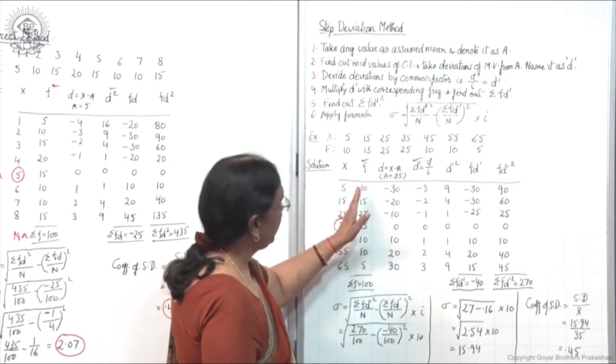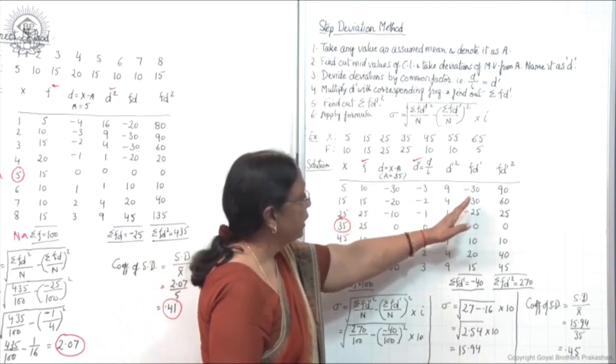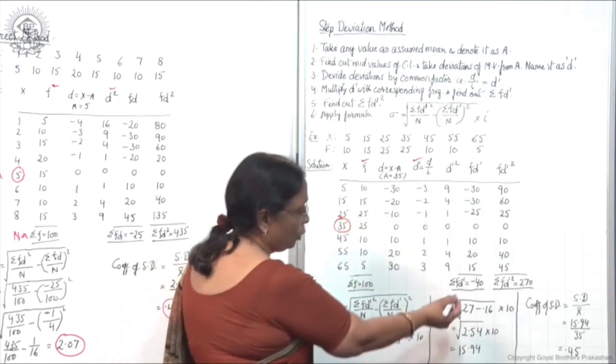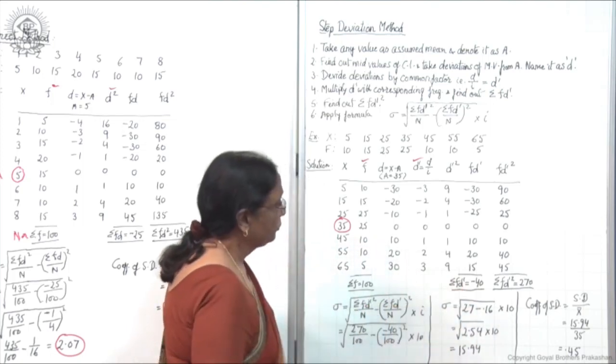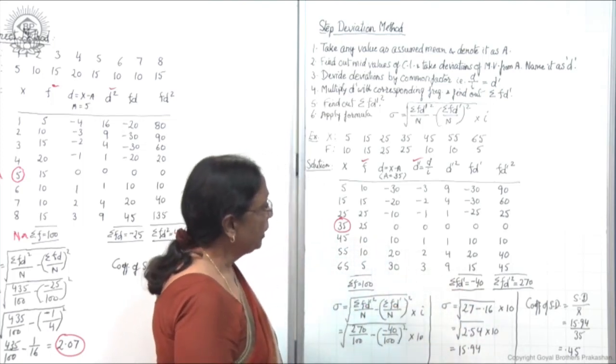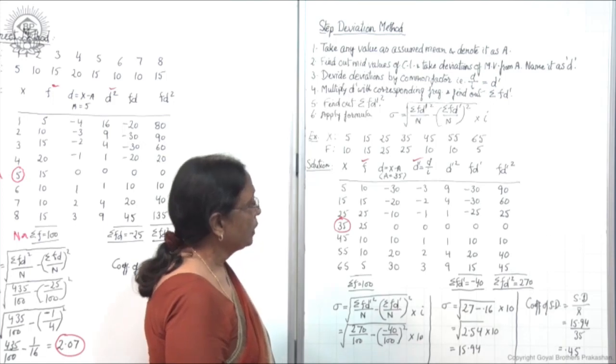Do the total of it because you need the total here. This is minus 40.